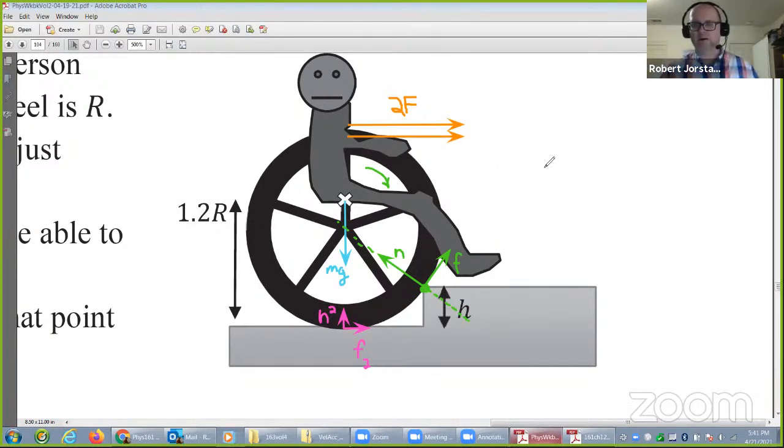Again, part of this problem was figuring out which way this thing rolls. Now, my claim is we actually drew too many forces. Whoops. That's not n squared, that's n subscript 2. We drew too many forces. Why? What is this wheelchair trying to do?